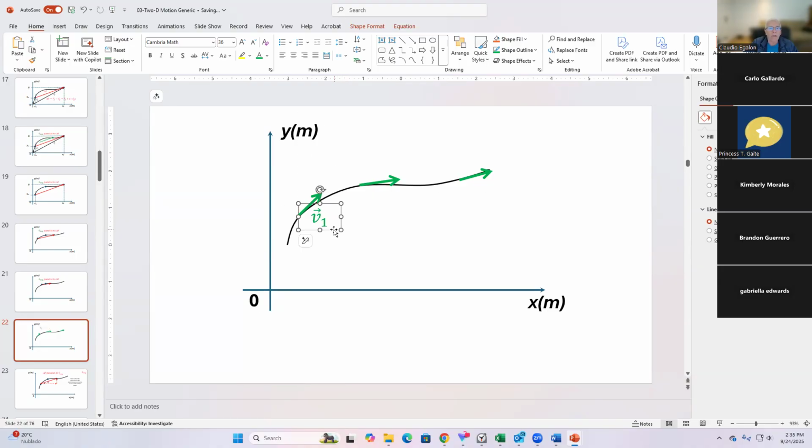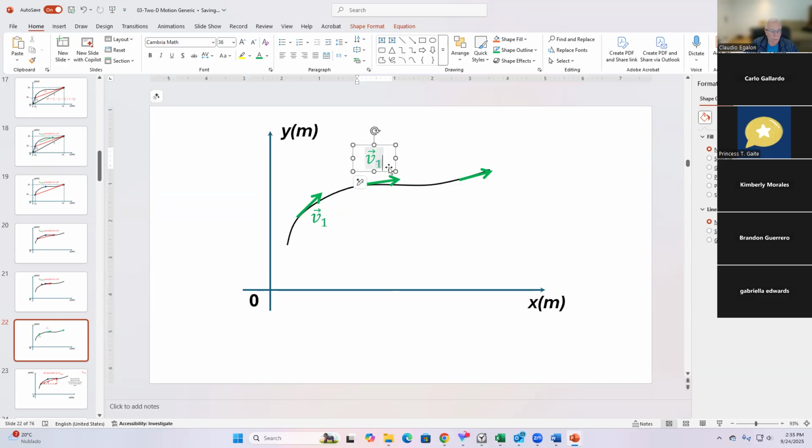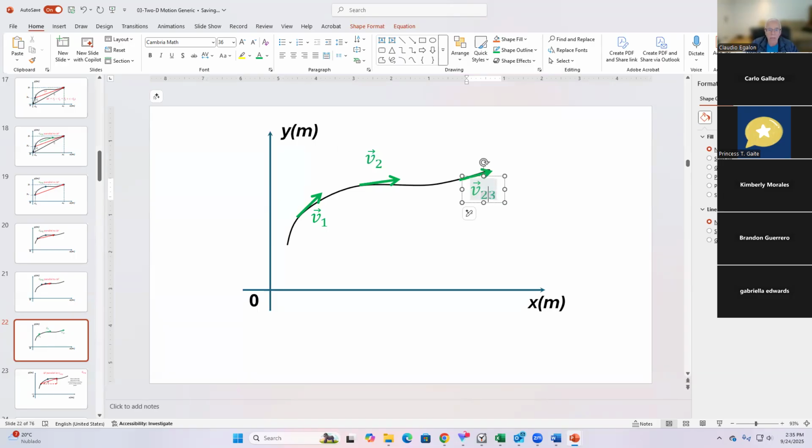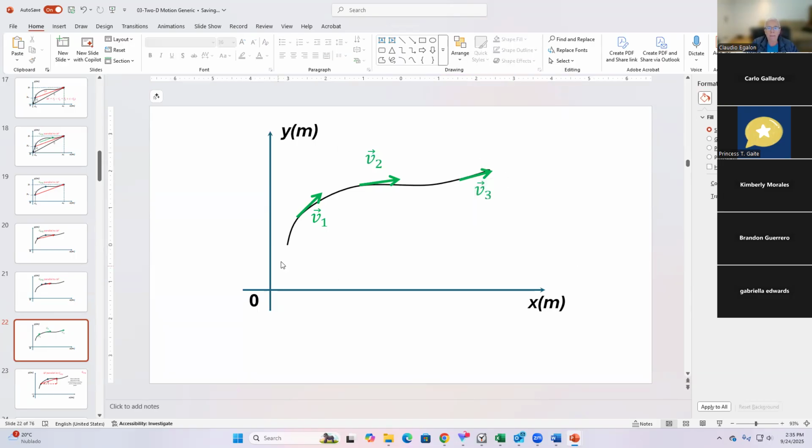The other one is going to be my instantaneous velocity vector 2. The other one is going to be my instantaneous velocity vector 3, and so on.